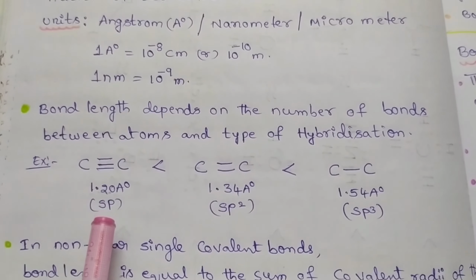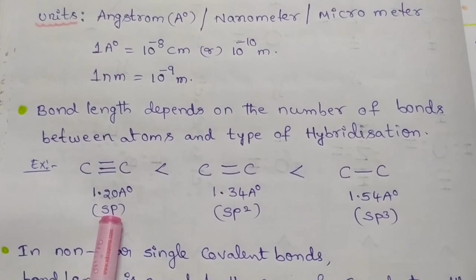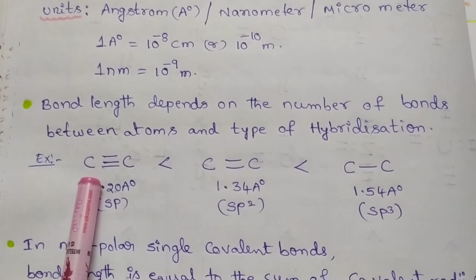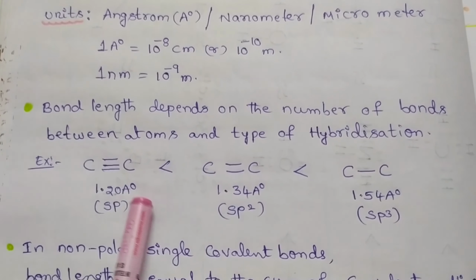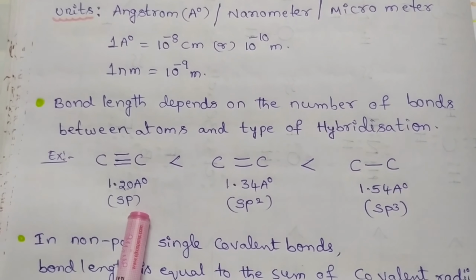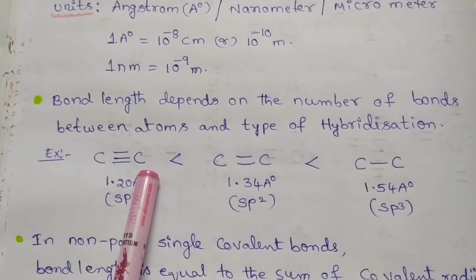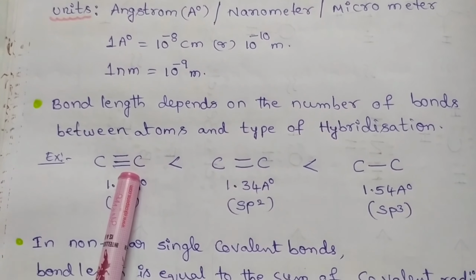For example, for sp hybridized molecules, the bond length is equal to 1.20 angstrom units. In sp hybridized molecules, the two atoms contain a triple bond.